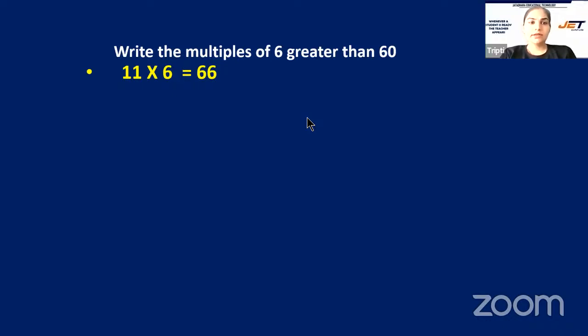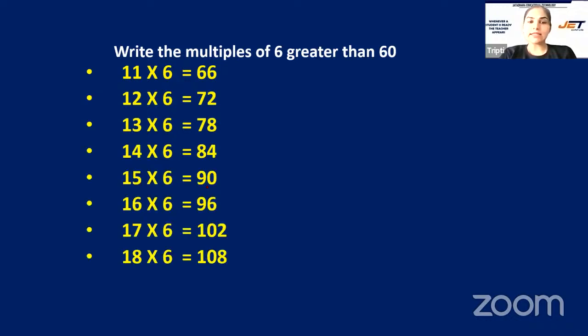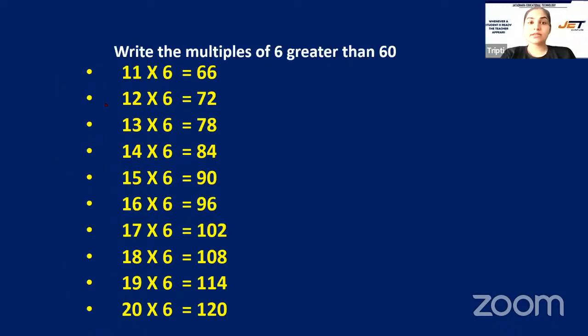I hope it's done. So 66, 72, 78, 84, 90, 96, 102, 108, 114, 120. All these are multiples of 6 greater than 60. Yeah, so that's how it goes.